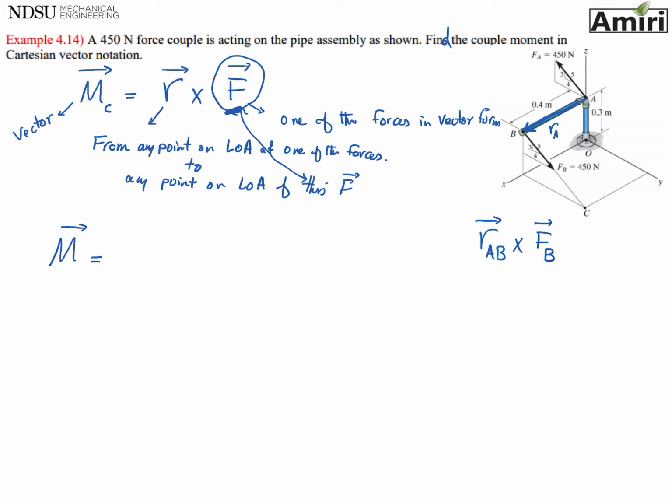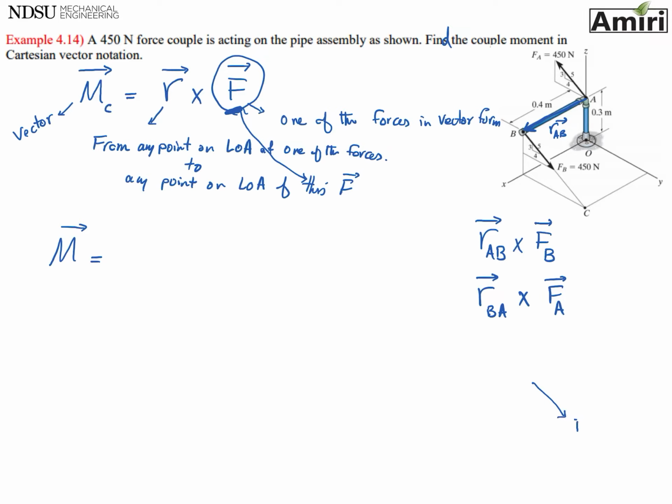Someone might say, hey, I want to start from point B and go to point A. That's totally fine. You can start from point B, go to point A, but when you want to cross it, this time you're going to use force A, because that's where you're arriving to.